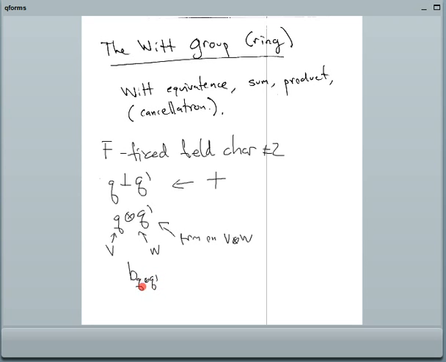So the bilinear form on a pair of vectors, because this is linear in both coordinates, I can reduce to considering vectors of the form V tensor V prime, comma, W tensor W prime.